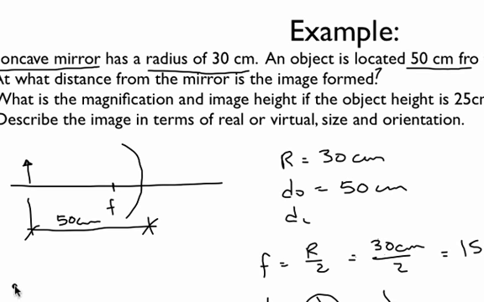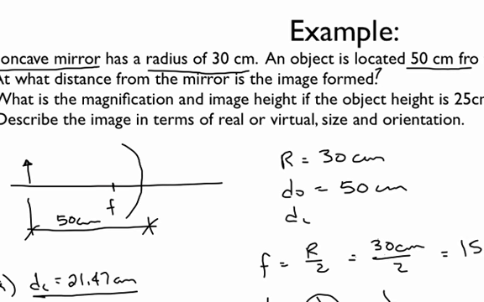So if we summarize this, part A was asking for the distance from the mirror where the image forms. So DI is 21.47 centimeters. Part B was asking for the magnification and height. So M is equal to negative 0.428, and the height of the image then is 10.7 centimeters.